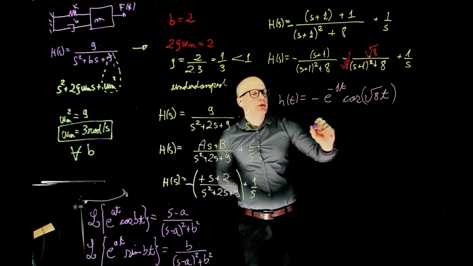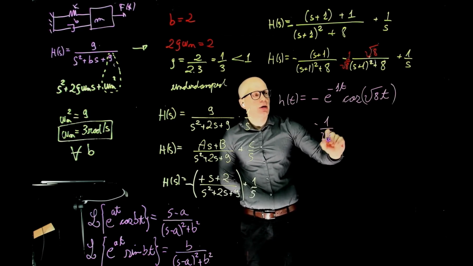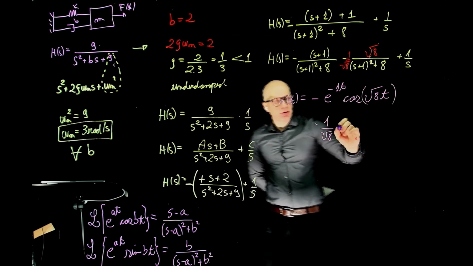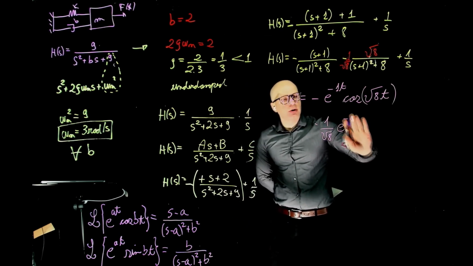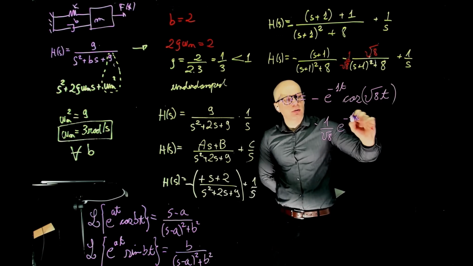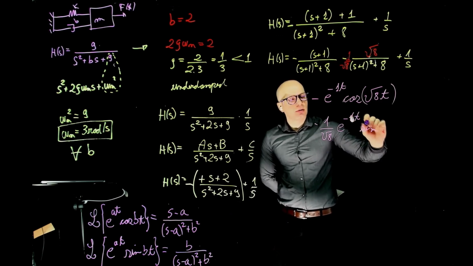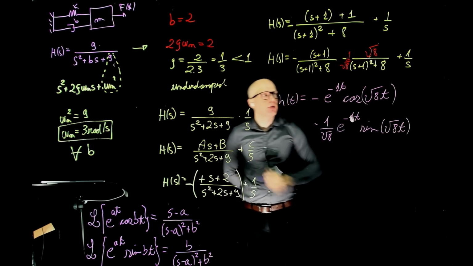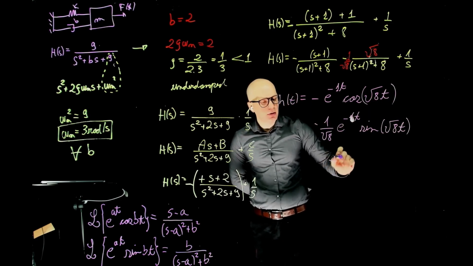What is the second one? It is negative 1 over square root of 8 times exponential of negative 1 times t, sine of square root of 8 t, plus 1.